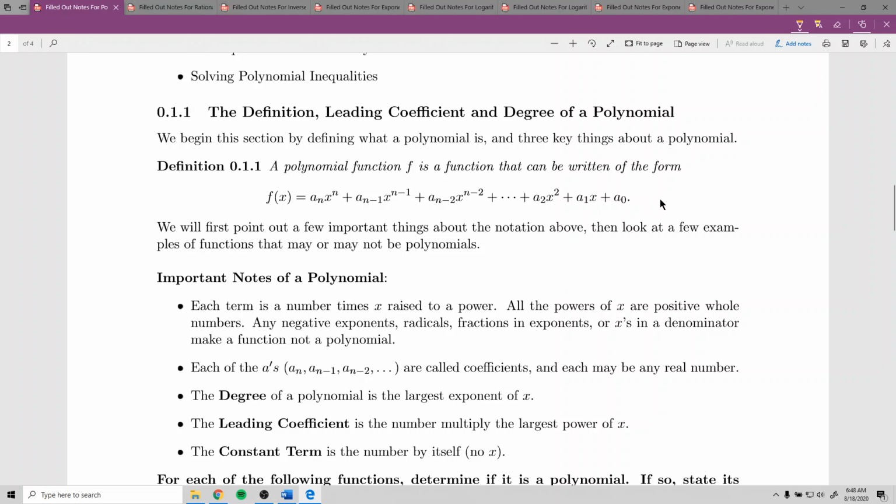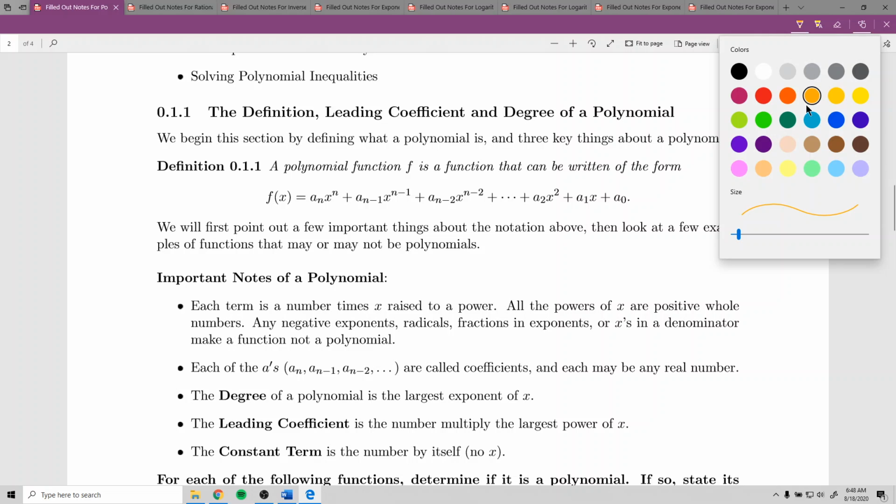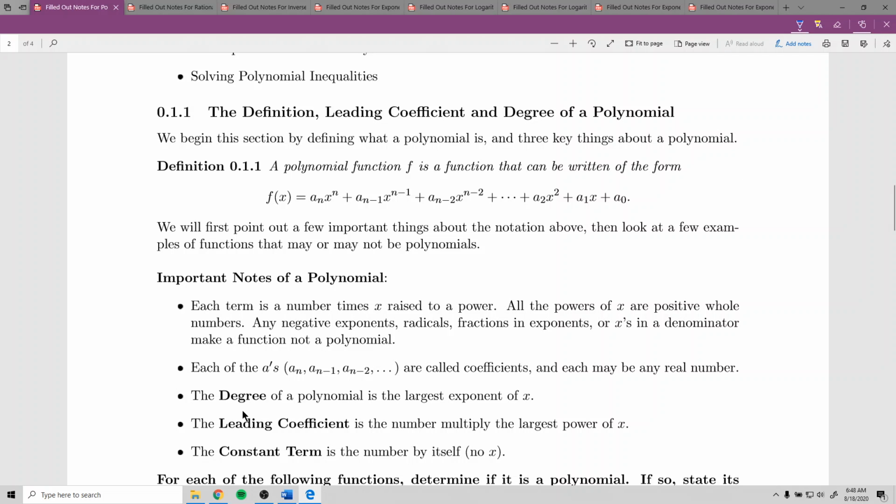All right, so really what a polynomial is, this is what I recommend remembering, but we'll work a couple examples just so you can see what is and what is not a polynomial. Each term is a real number times x raised to a power.